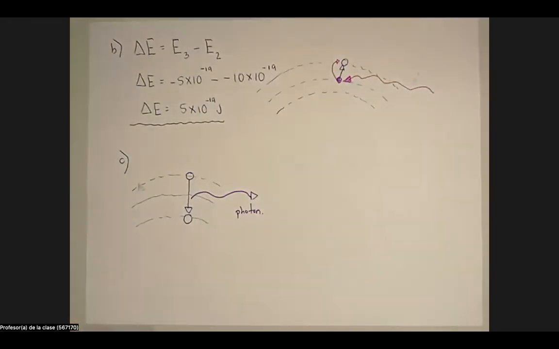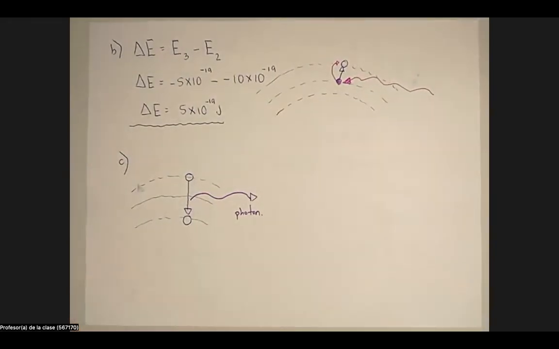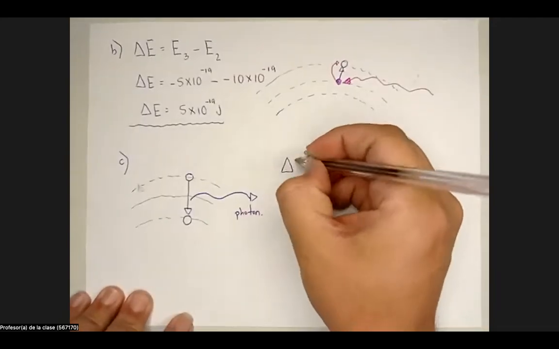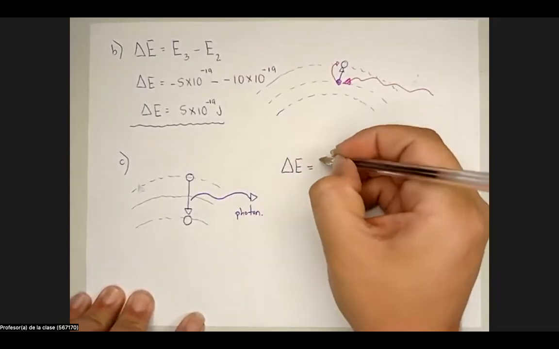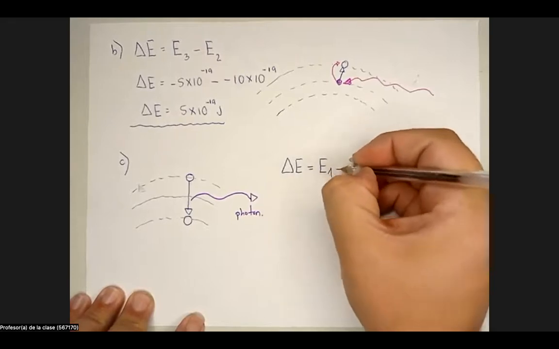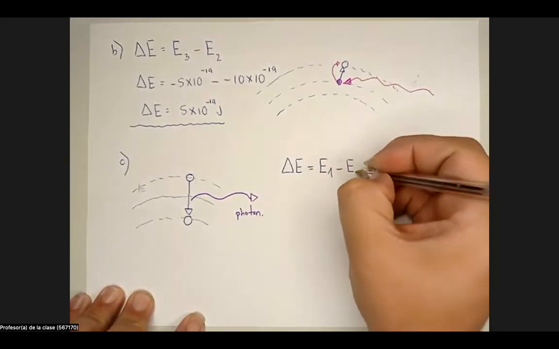Of course, we are talking about energy conservation. The difference in the energy levels will be the energy that the photon emitted will have. So passing from the third level to the first level will be the energy on the first level minus the energy on the third level.